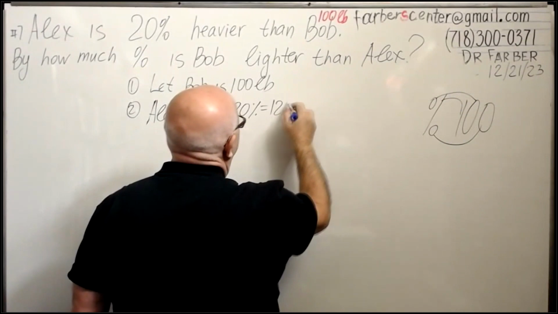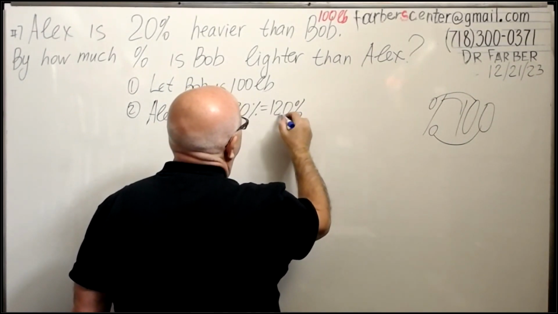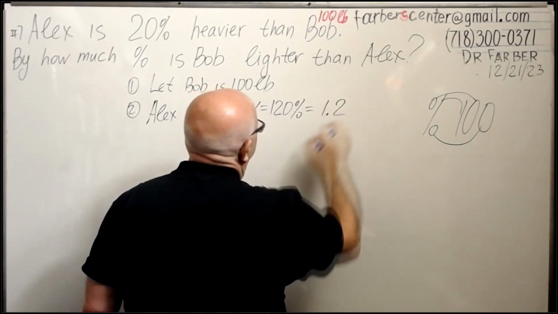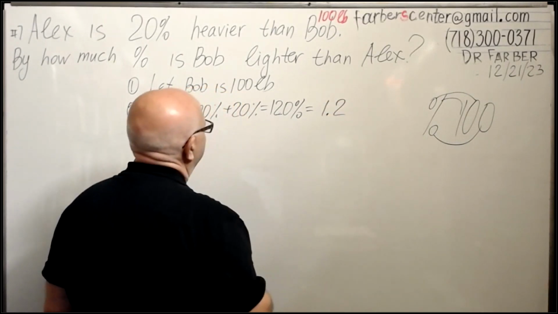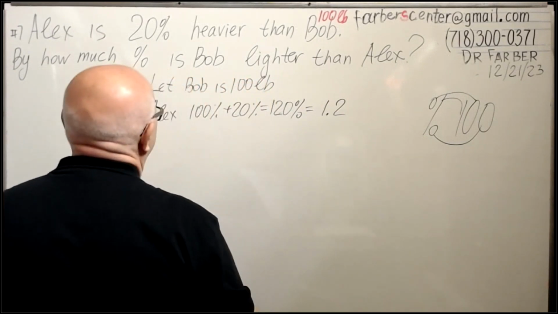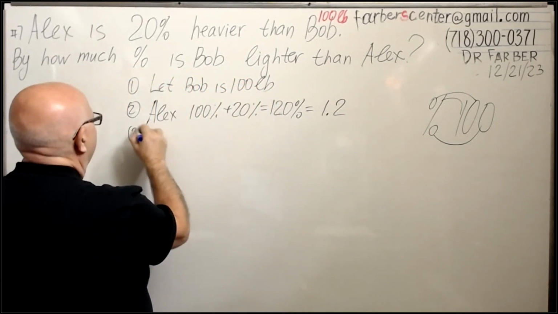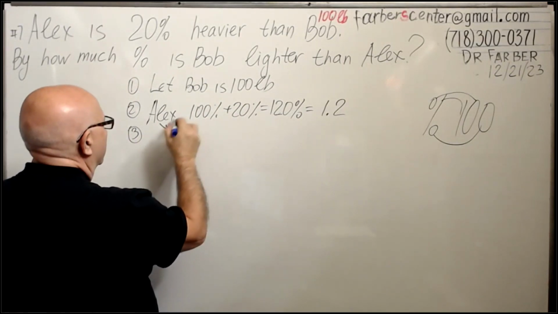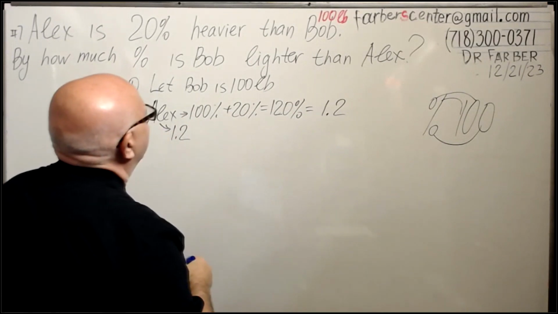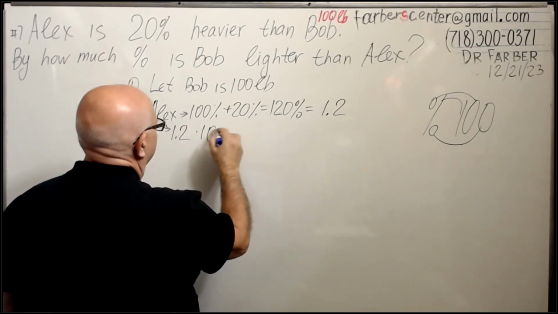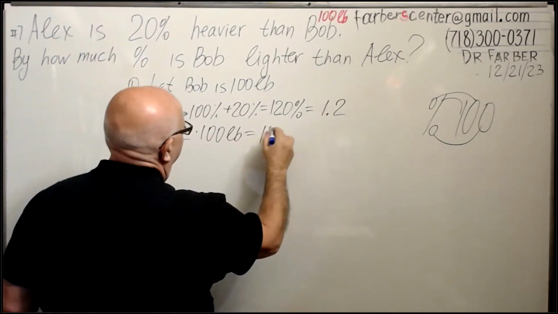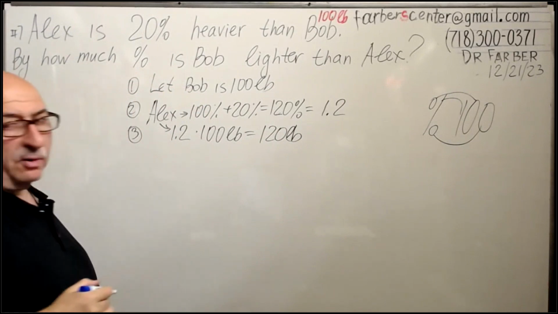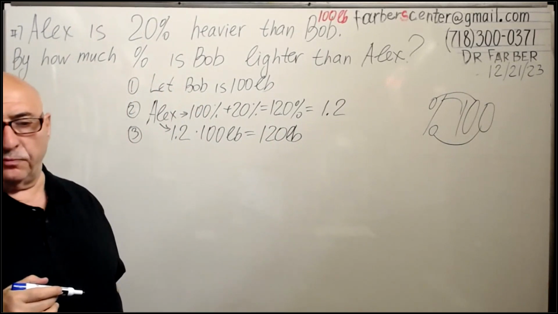That is 120%, or converted to decimals, 1.2 of Bob. So step number 3 is 1.2 of 100 pounds. Alex is 120 pounds. 1.2 times 100. So far, so good.